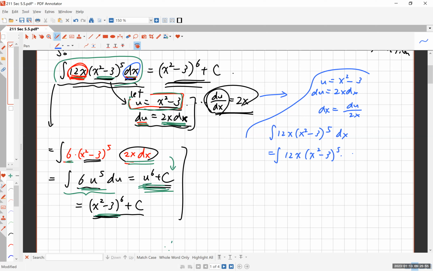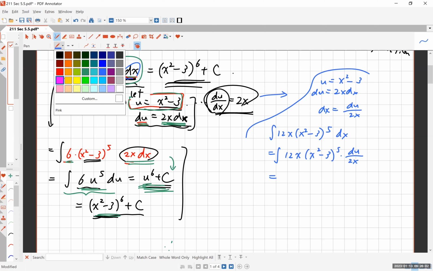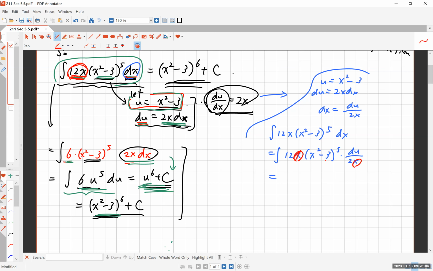So they will write du over 2x, and this cancels, and this becomes 6. And this part is u, and the problem is exactly the same as what you have here.